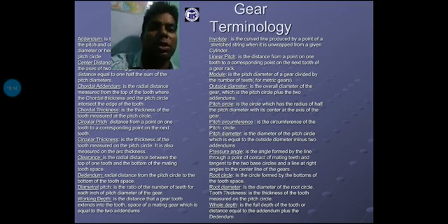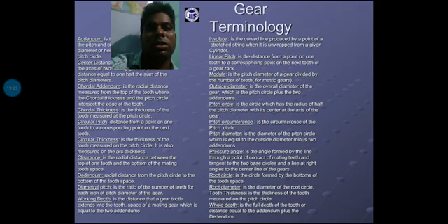Basically, we can see two types of teeth profile. One is the cycloidal teeth profile, another is the involute teeth profile. But in most cases we use the involute teeth profile, and this is very popular and mostly used in industry as well as in gear design processes.